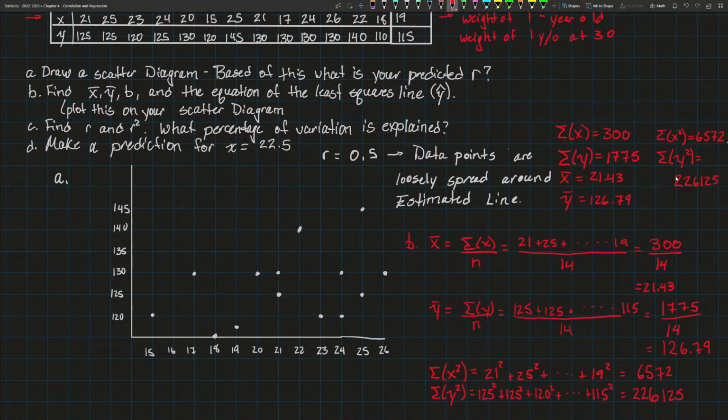And then we need to find the sum of their products. So I'm going to do this down here so I can still see that data.